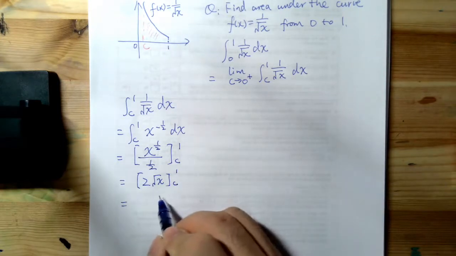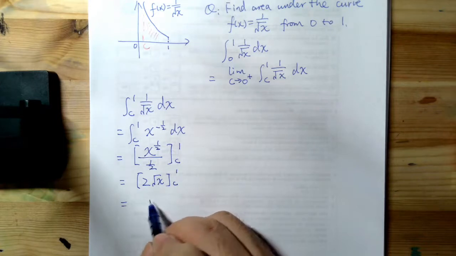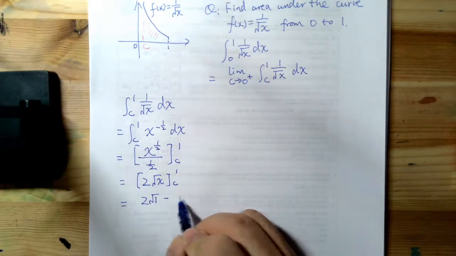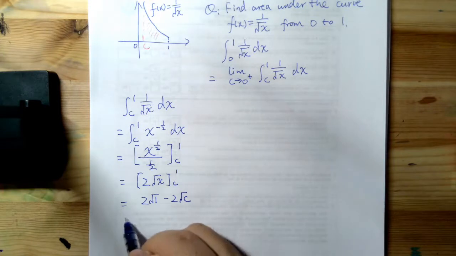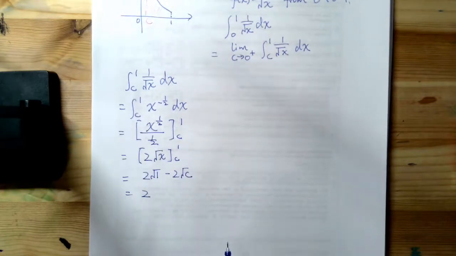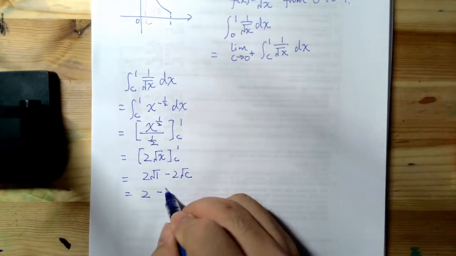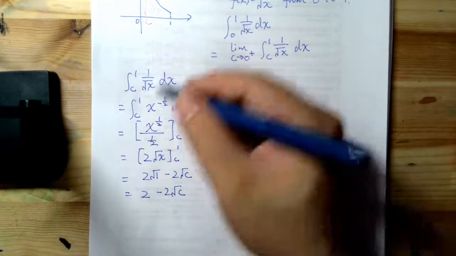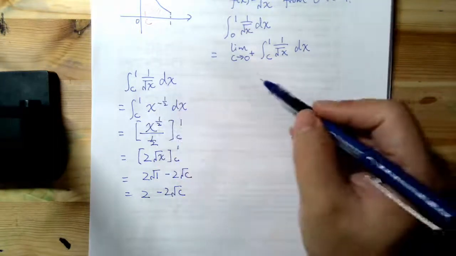Plugging in, we have 2 square root of 1 minus 2 square root of c, which is 2 minus 2 square root of c. So that's this piece.